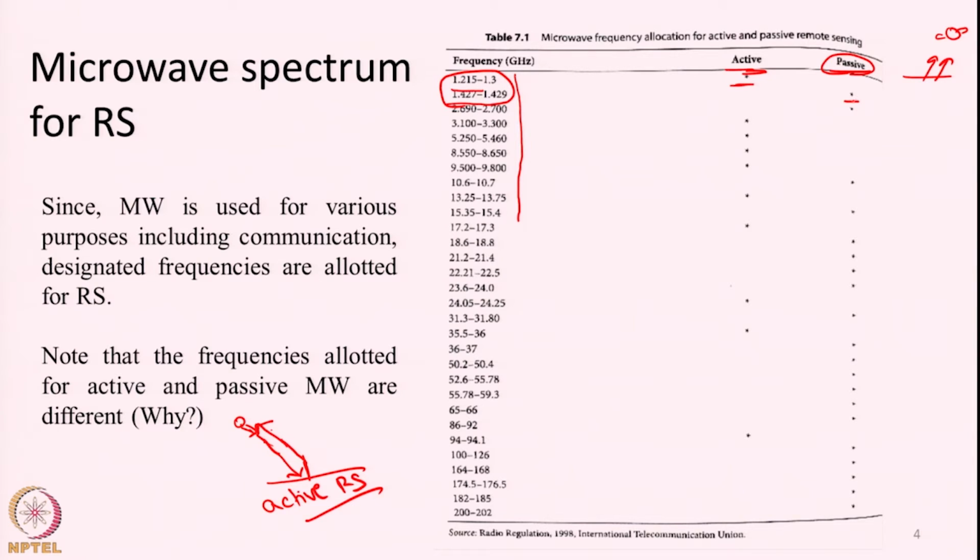If you want to do passive remote sensing in the L band, you have to choose this 1.4 gigahertz frequency. There should not be any mix. Why? If an active remote sensing sensor and a passive remote sensing sensor work in the same frequency, then the active radar itself will become like an interference to the passive sensor.